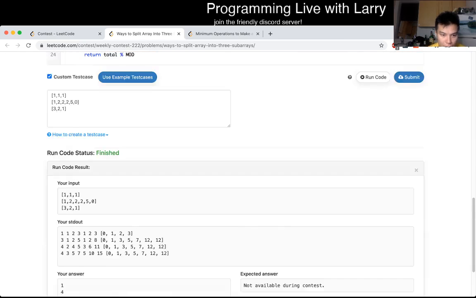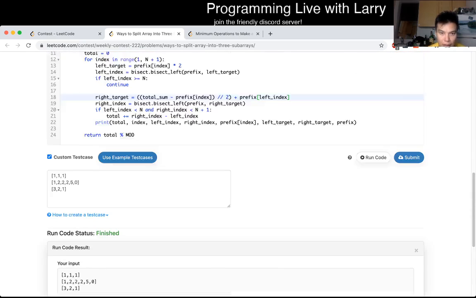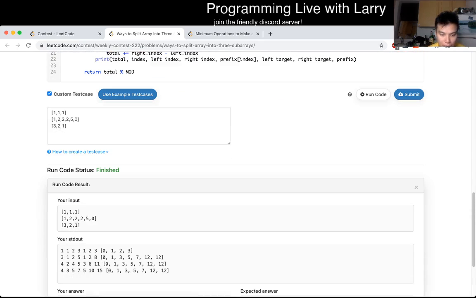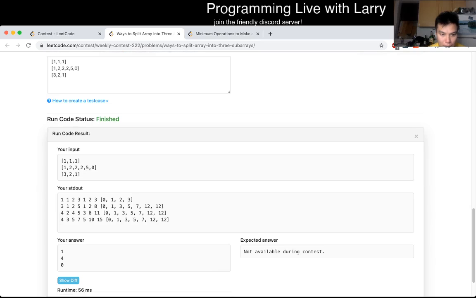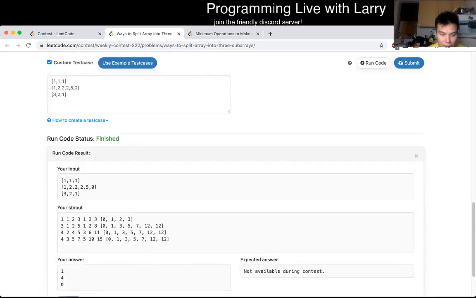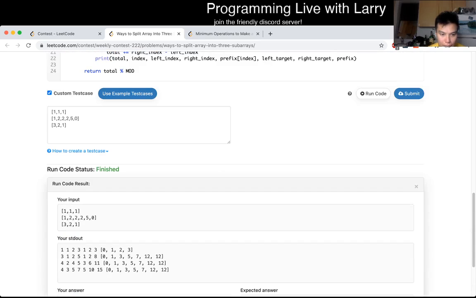It's closer. The right target here is 8. Left, right. 335.